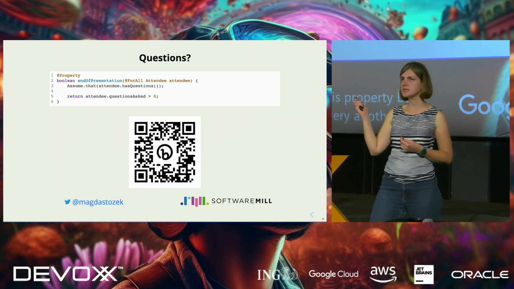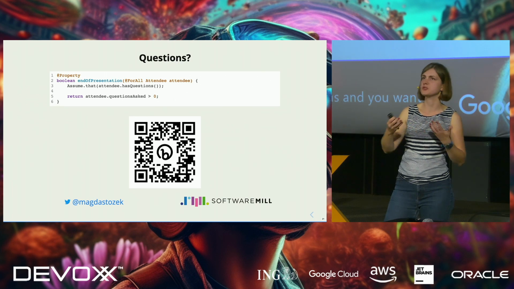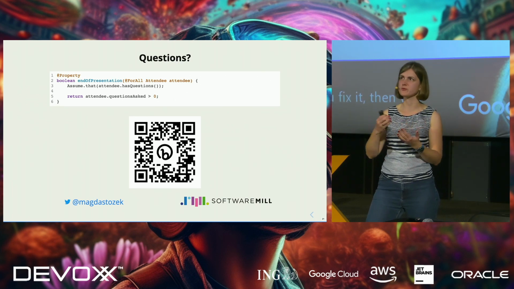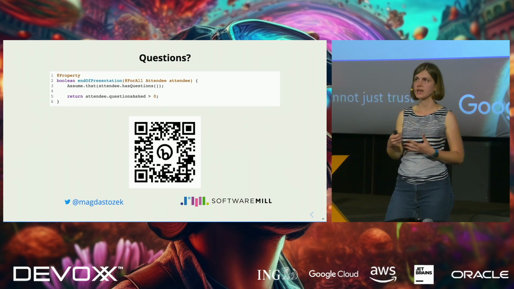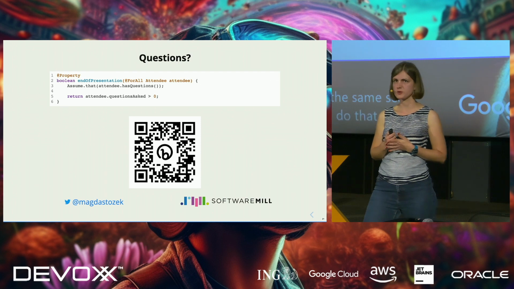So that if you see that your test fails in Jenkins and you want to reproduce it to actually make sure that you fix it, then you cannot just trust on randomness. You have to actually run it with the same seed. And jQuick and the other libraries let you do that. Does that answer your question?